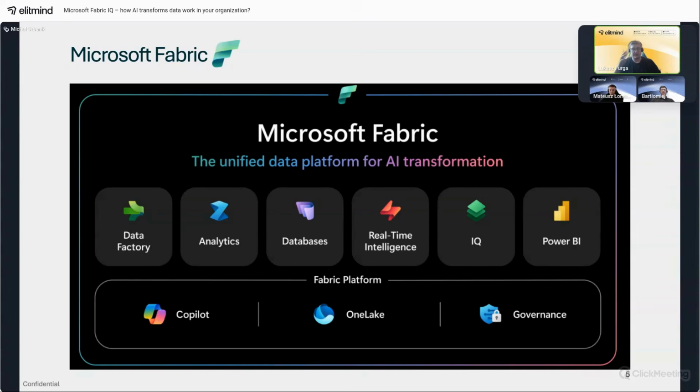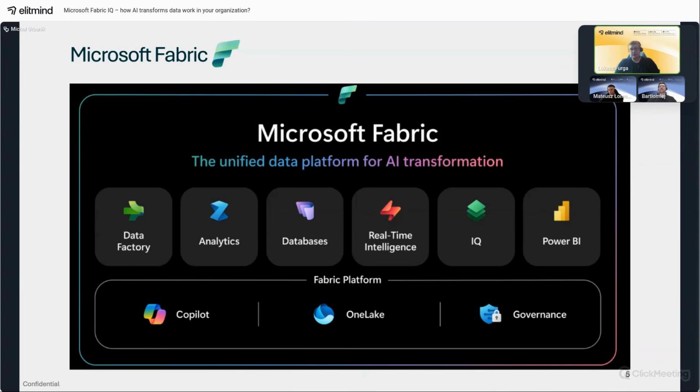Fabric is delivered as a software as a service platform, which is really important. And it uses OneLake as a centralized logical data lake for storing and accessing data across all workloads, but not only workloads, all organizations. In tandem with OneLake, the OneLake catalog provides a centralized experience for discovering, exploring, and governing data and analytics artifacts across the tenant.